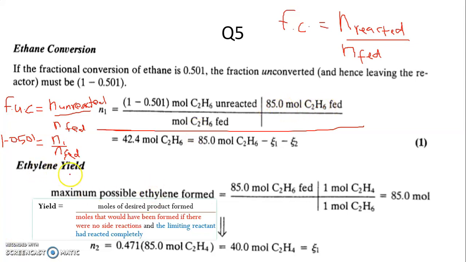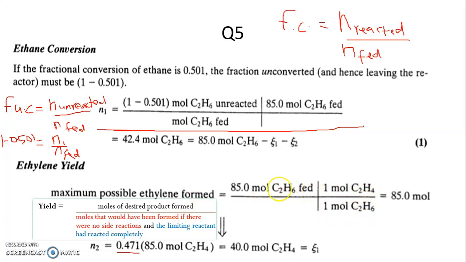Now we go to the next information given in the question, where we know the ethane yield is 0.471. So if you go to the definition of yield, yield equals moles of desired product formed over moles that would have been formed if there were no side reaction and the limiting reactant had reacted completely. Or in other words, we need to know the ratio between C2H4 and C2H6.